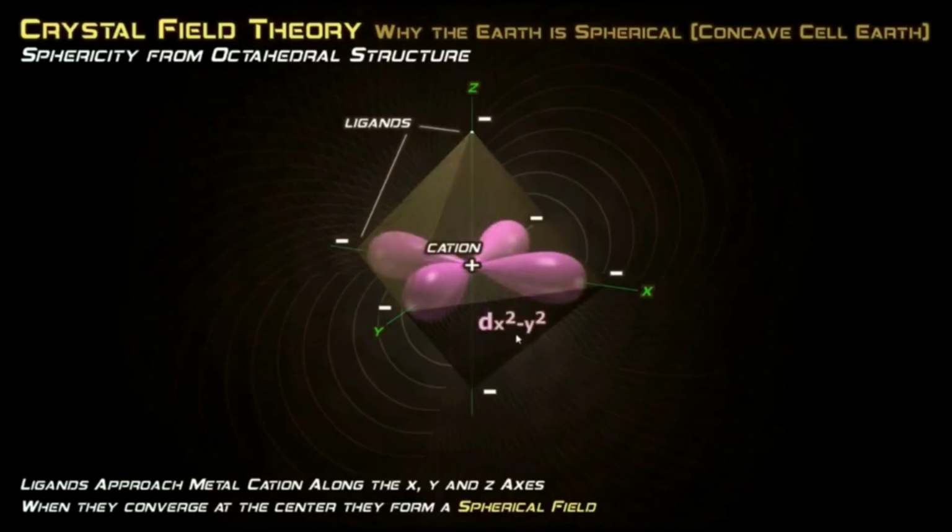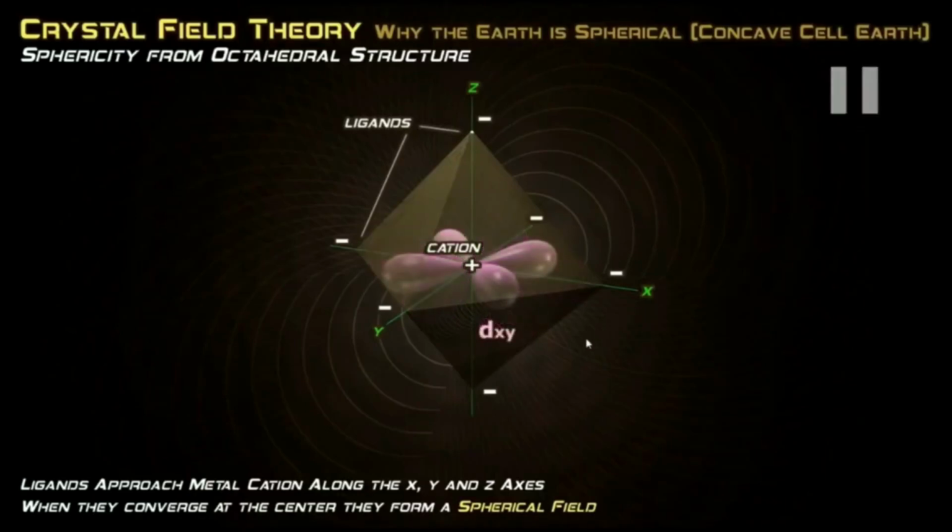And we have the dx squared minus y squared orbital, which is aligned with the x and y axes as well, but going right along them like that instead of toroidal like the dz squared orbital. Those are the 2 main orbitals. The 3 inferior orbitals, I'll show you those.